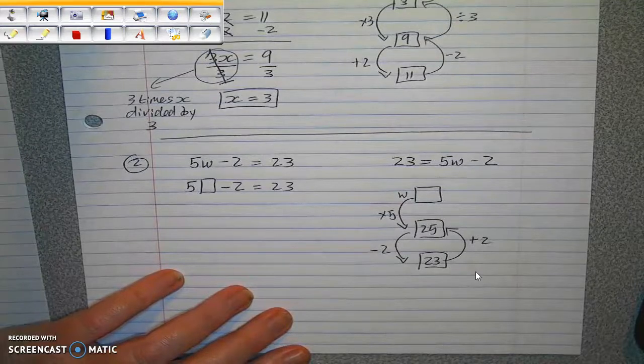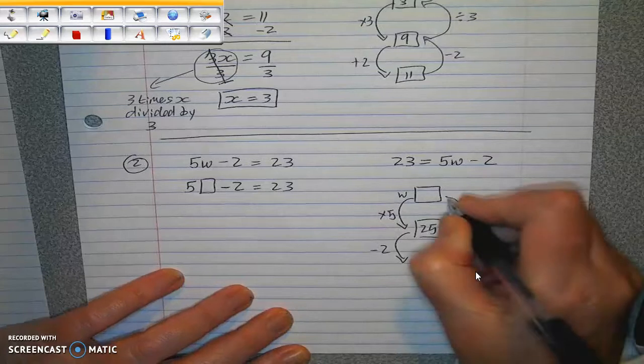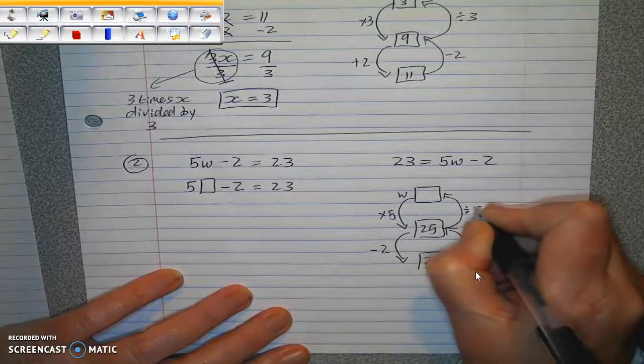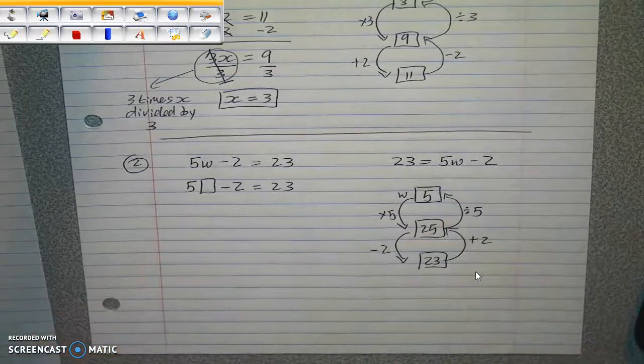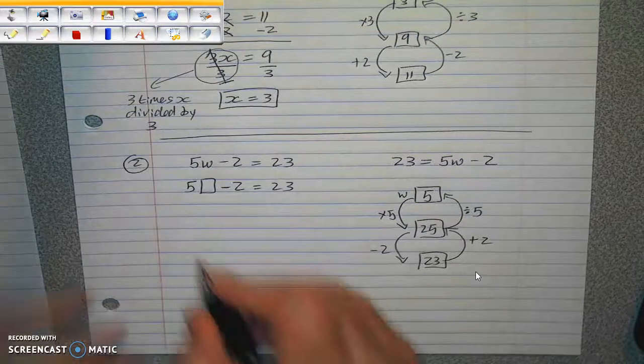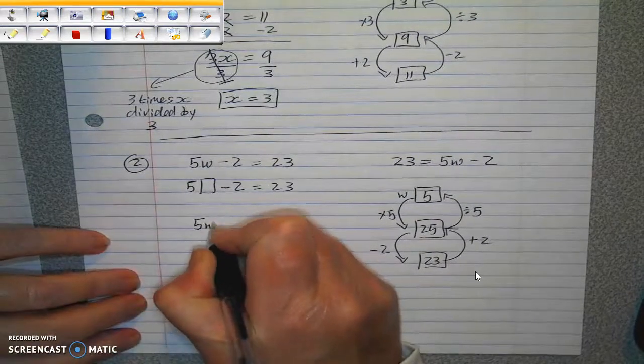Be very careful. When you see subtraction in an equation, you're going to do the opposite operation and you're going to add. And then you're going to divide by 5. 25 divided by 5 is 5. So the answer is 5. Here's the algebra way of doing it.